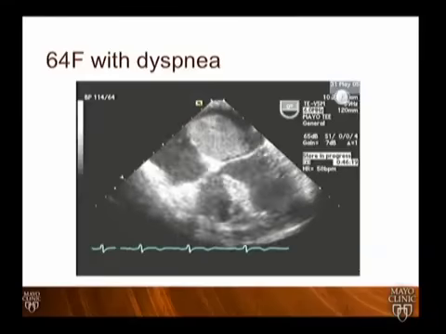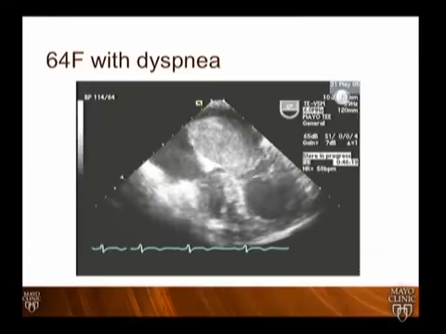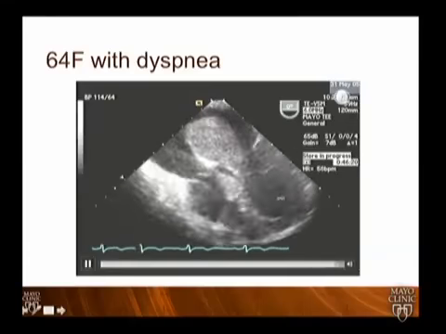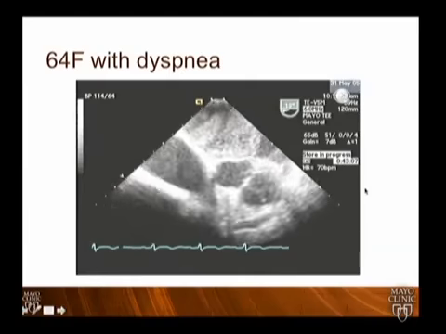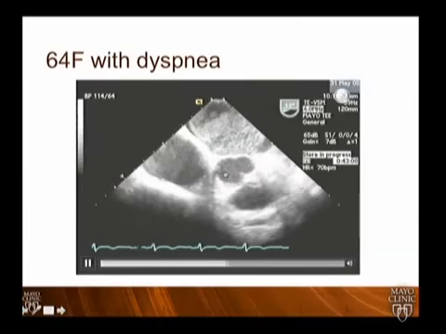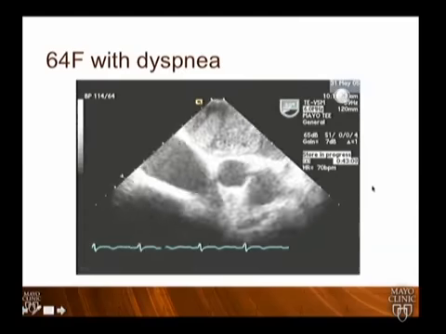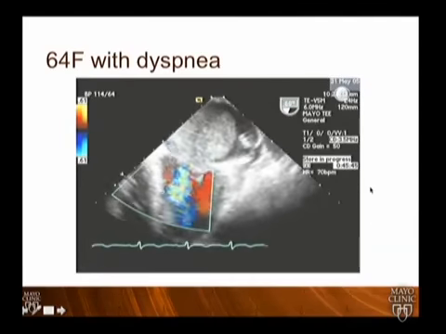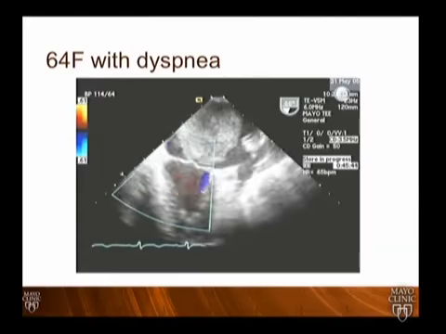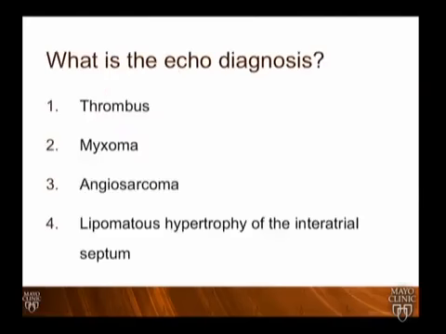So next question, 64-year-old woman with dyspnea. This is a transesophageal echo. So I'll show you, here's another image here. So this is the aortic valve. And then one more image here with color flow across the mitral valve. Now we'll go ahead and vote. Is that a thrombus?